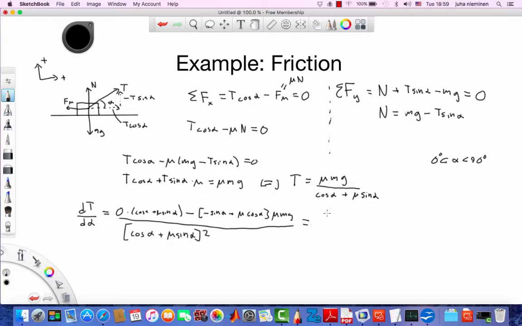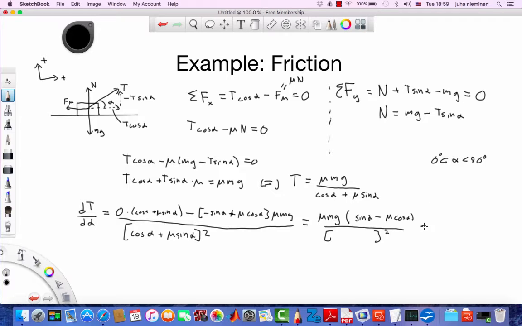Let's clean this up a little bit. So we only have mu mg times sine alpha minus mu cosine alpha, and then the denominator squared.